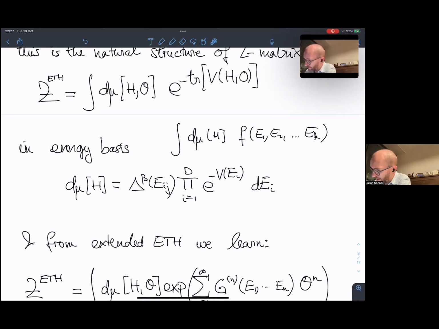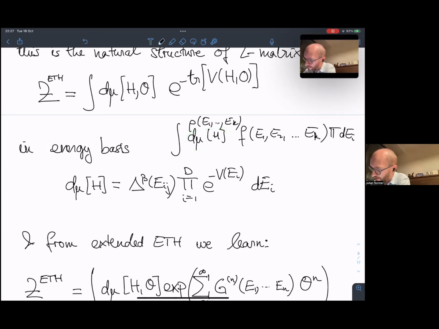What will remain is precisely the eigenvalue correlation ρ of E1 up to E_K with the product over the dE_i at the end. That's what this measure will produce for you.